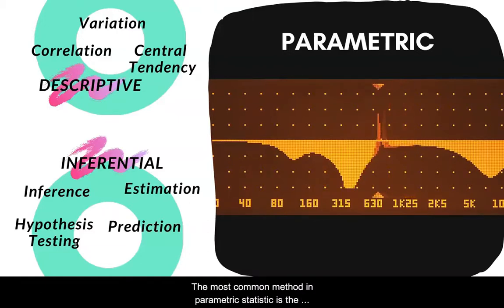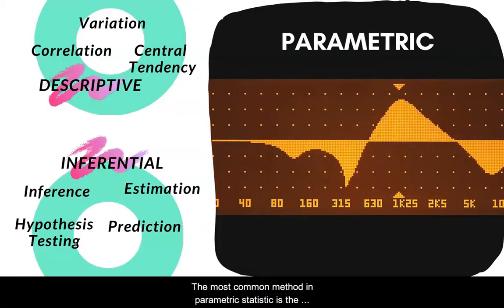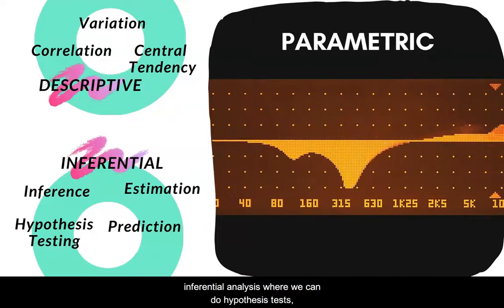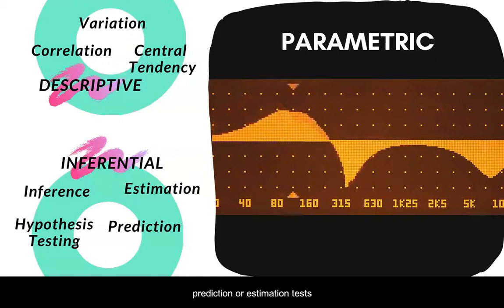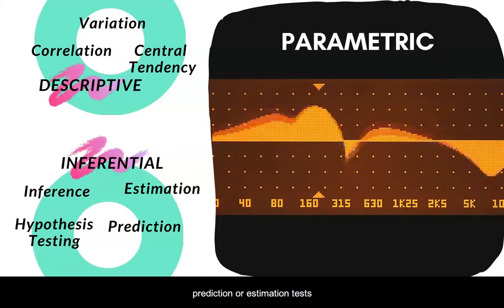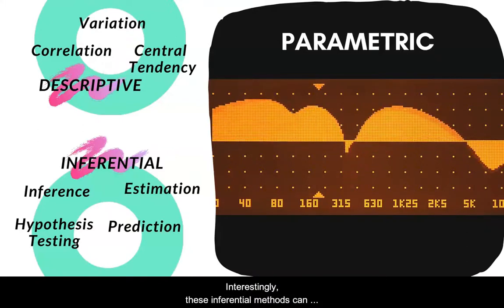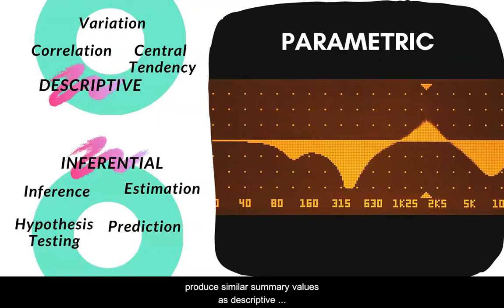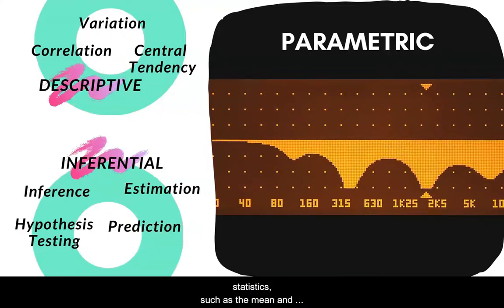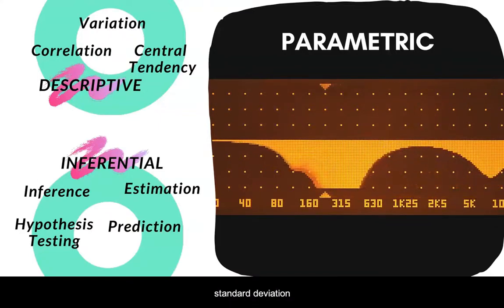The most common method in parametric statistics is the inferential analysis, where we can do hypothesis test, prediction or estimation test. Interestingly, these inferential methods can produce similar summary values as descriptive statistics, such as the mean and standard deviation.